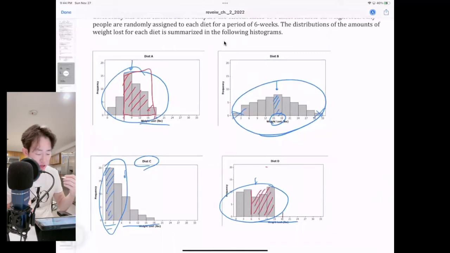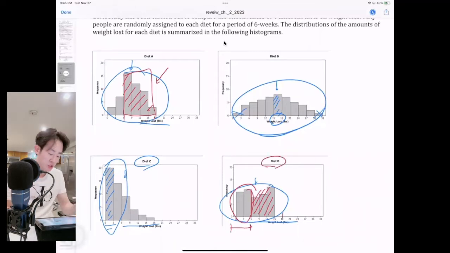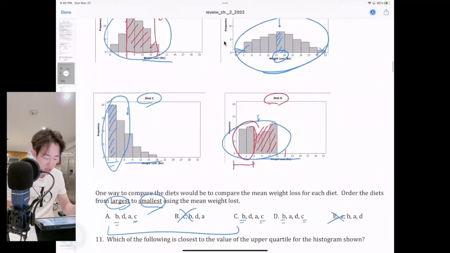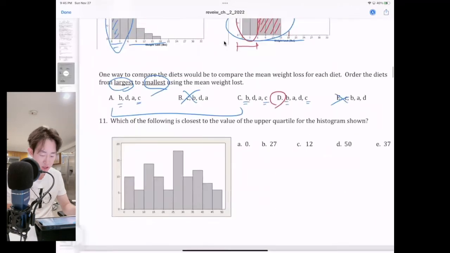This is not in comparison as large compared to diet A's, ranging from 6 to 18. There are a lot of numbers going from 0 to 6, which means the average for diet D has to be the smallest one. So, not the smallest, but in comparison with A and D, D has to be smaller. So it has to be D for this, which is, yep, that's the correct answer.